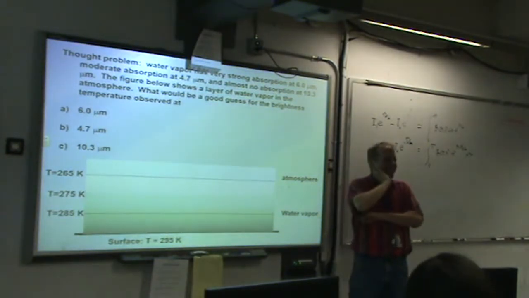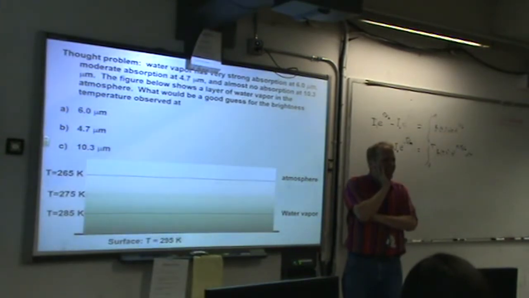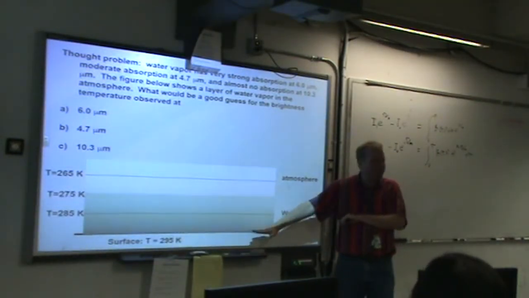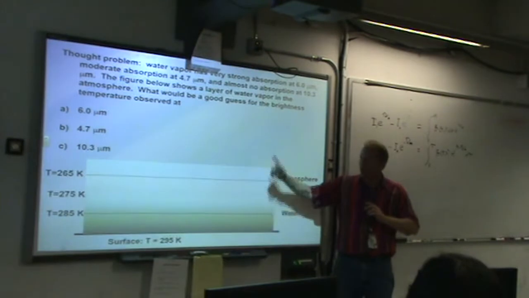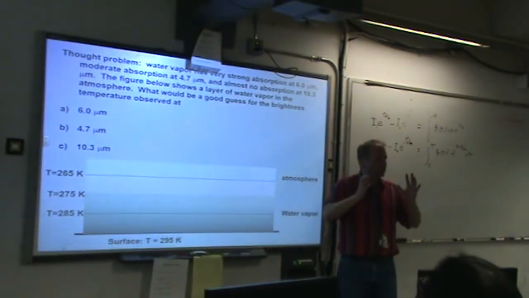Oh, wait a second. Okay. So at 10.3 microns, there's emission going up to, let's say, the water level. There's no absorption by the light, so you only see the emission at that temperature. Think of the surface as being a bright light. And then you either have no fog above it, it'd be non-absorbent, or no smoke layer above it.